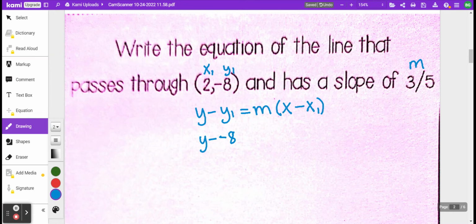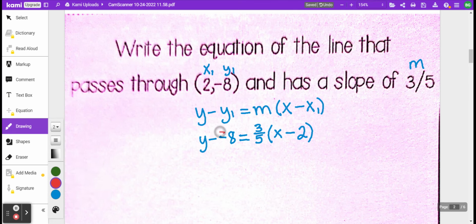A lot of times y'all forget to add in that negative, but yes, there should be two of those. Equals, we're going to look for m, which is my slope. In this case, we have 3/5 times x minus, look at that x1, which we have 2.